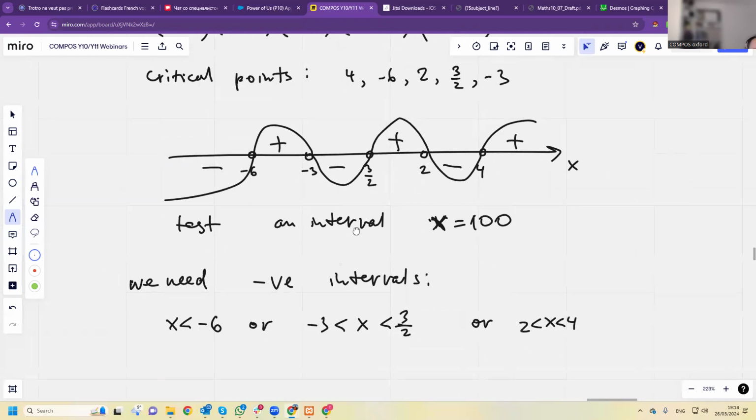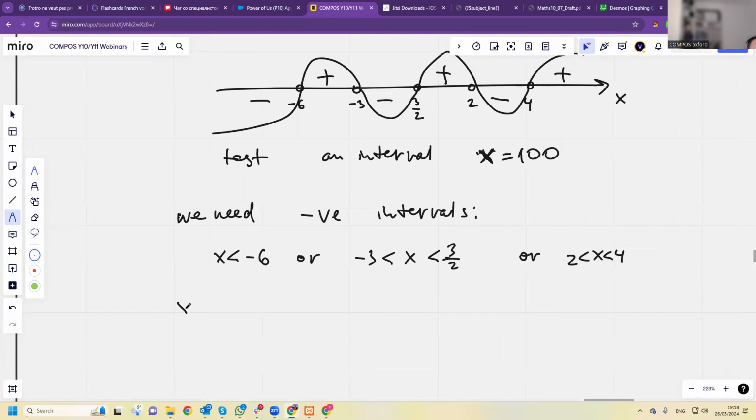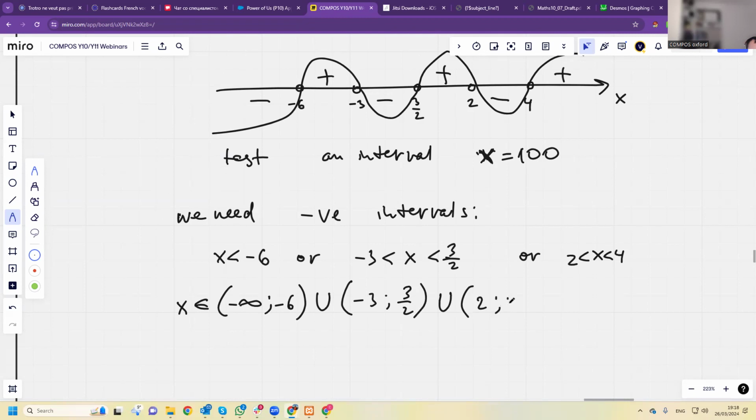There is a prettier way of writing this. We can say x belongs to from -infinity to -6, union from -3 to 3 over 2, union 2 to 4. That's the same thing as this.